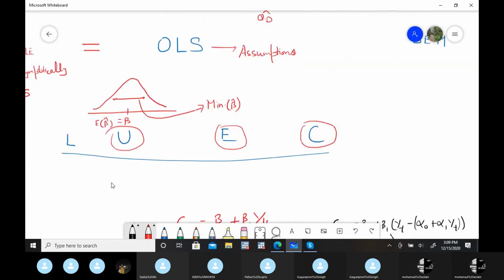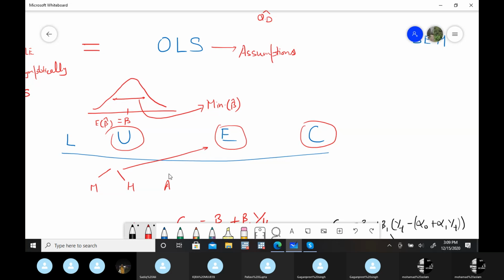Now, we already did this in autocorrelation, heteroscedasticity, and multicollinearity, how these problems create problems in these BLUE properties. So we know that in all these cases, the major problem, specifically in multicollinearity and heteroscedasticity, was that the variance was not minimum, but was increasing or changing.